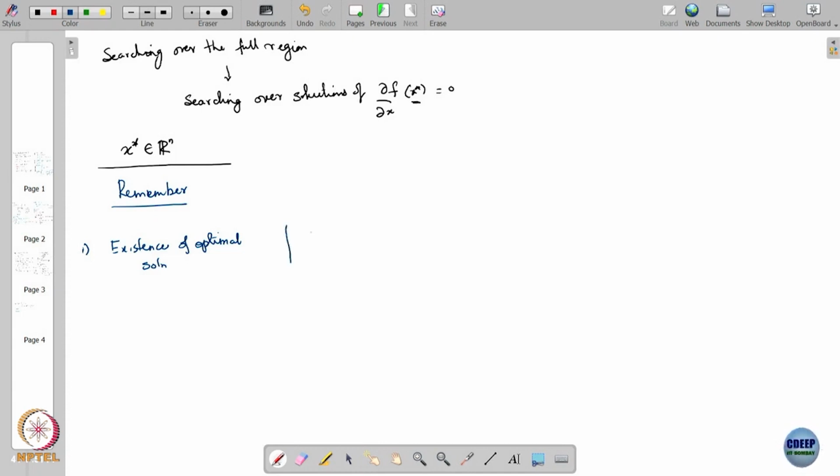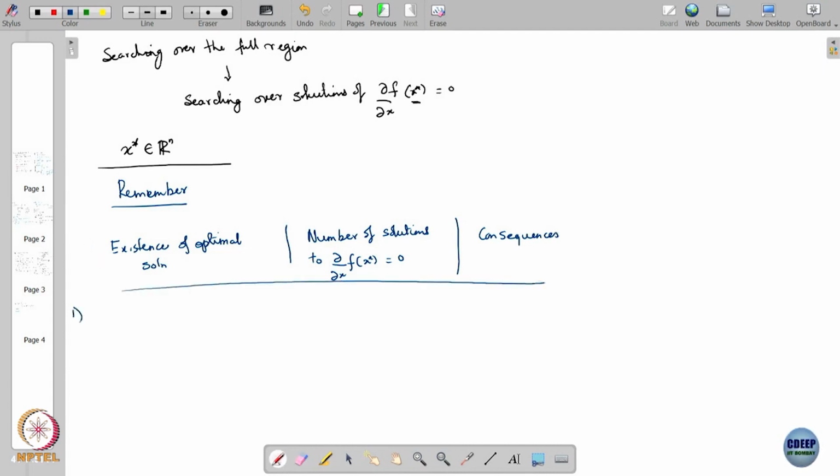Second thing is the number of solutions to this equation. And then you have consequences. Okay, so let us take this case by case.